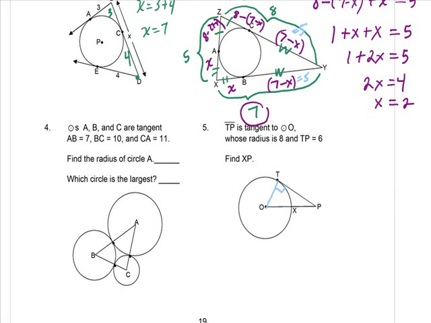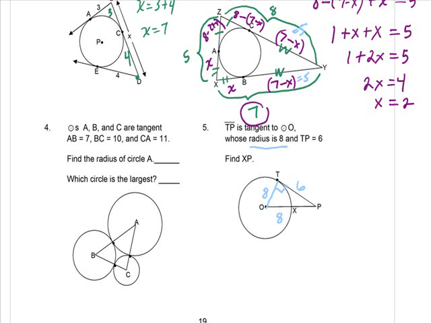So we could draw in that radius and mark our right angle. We also know that the radius is 8, so fill that in. And TP is 6. And we also know that OX is how long? 8. OX is also 8 because OX is a radius.